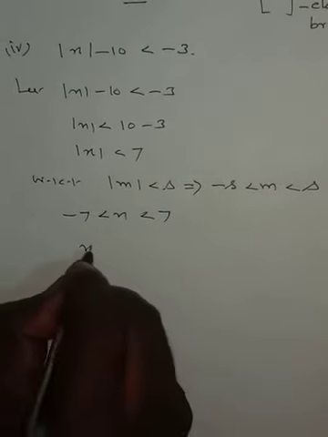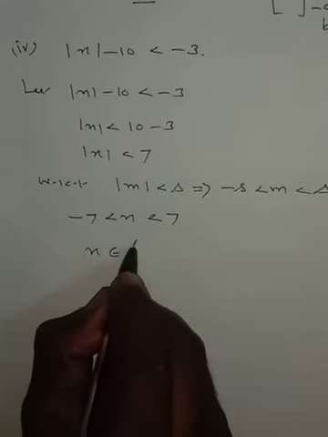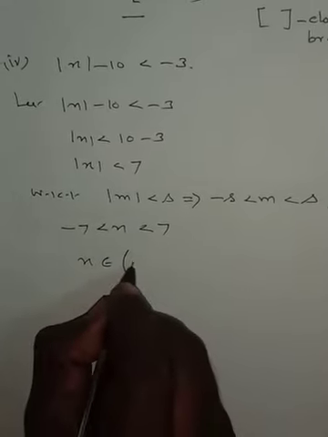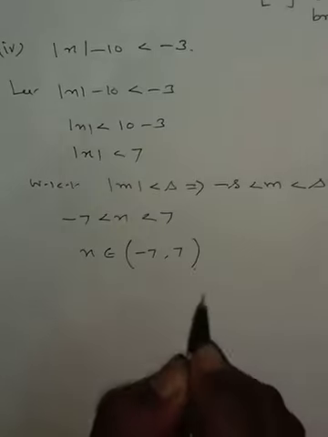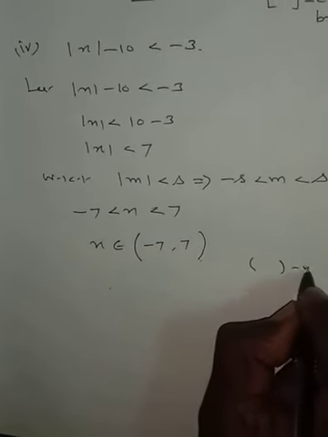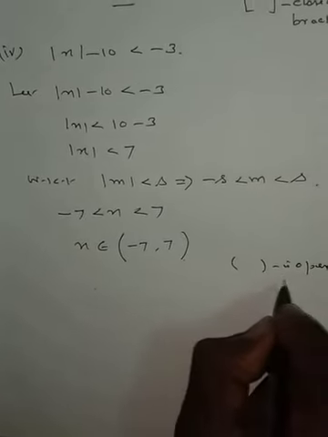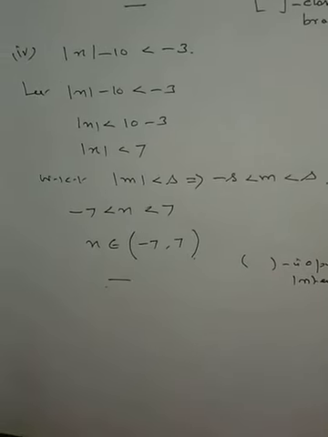This can be written as x belongs to, this is strictly less than, therefore, using the open interval minus 7 comma plus 7, the interval is open. Hence the result.